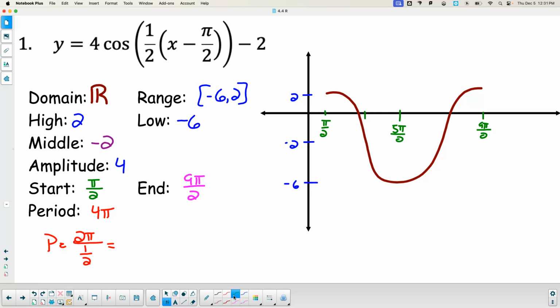We have to see where it intersects that midline and then go up from that. 1 plus 5 divided by 2. 5 plus 9 divided by 2.